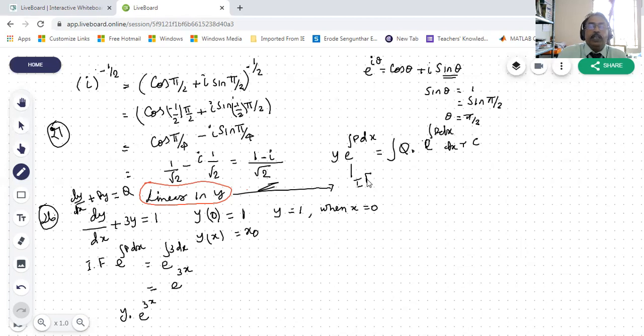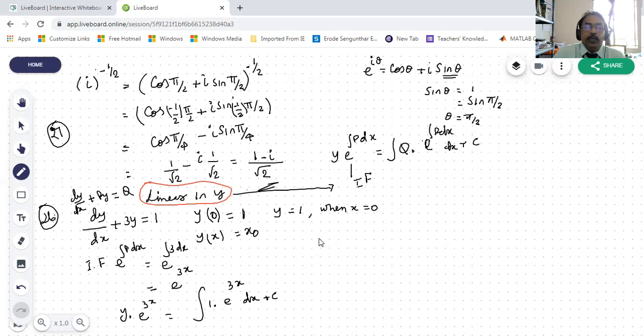Why have I not written IF? Because you have to memorize e power integral p dx, otherwise the answer may not come. 1 into q, and q is 1, e power 3x dx plus c.